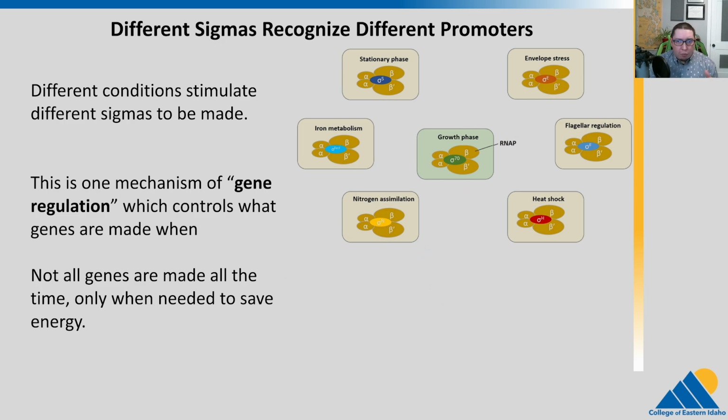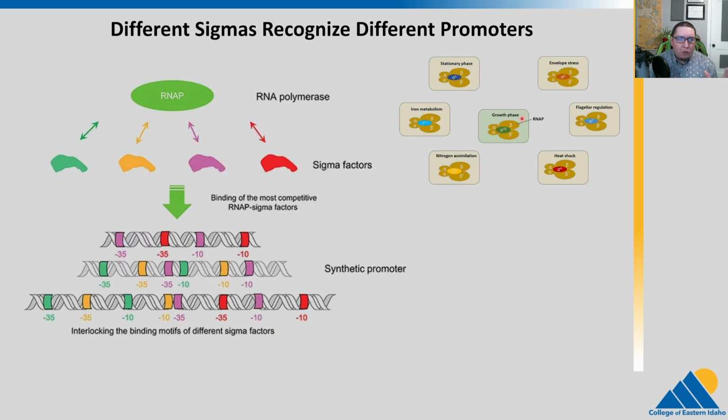Different sigma factors then are going to be expressed under different conditions. There might be one for, say, lactose, when lactose is present. So you might find in front of genes different -35 and -10 sequences so that different sigma factors bind under different conditions.